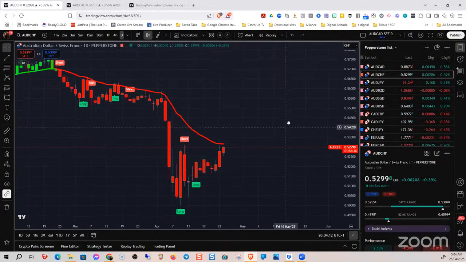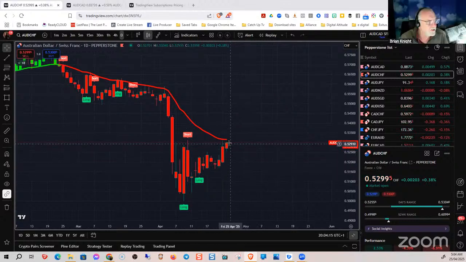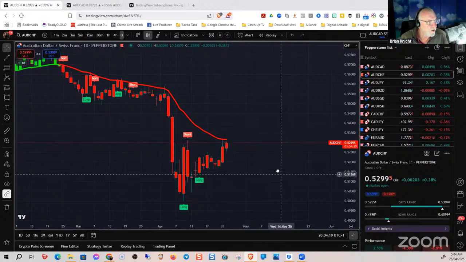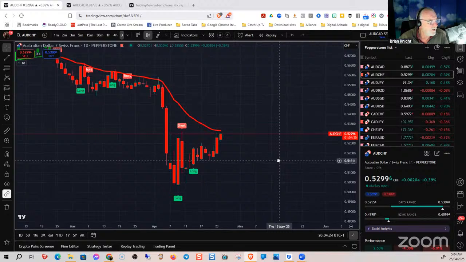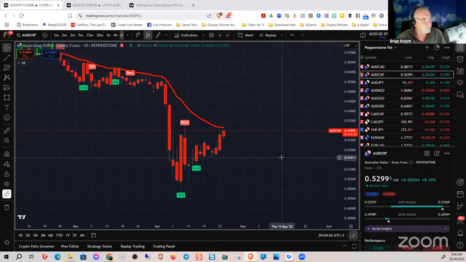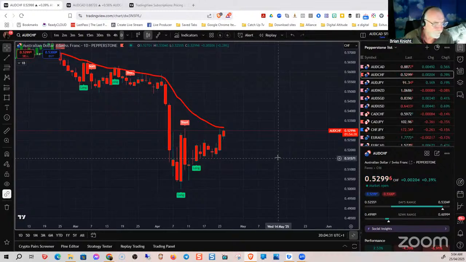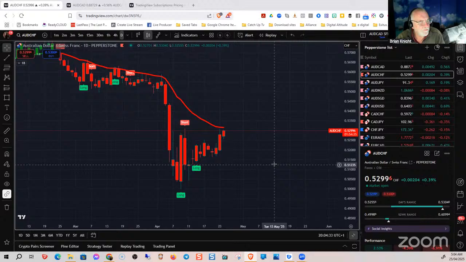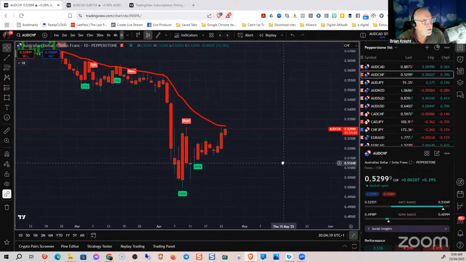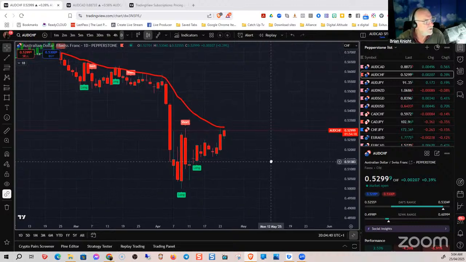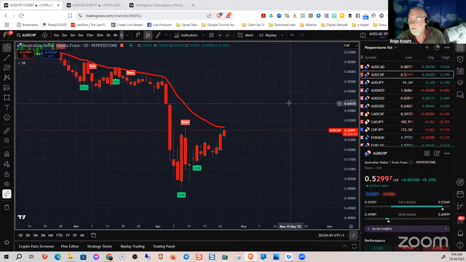AUD CHF, now that's coming back. It hasn't quite come to the trend bar, but it's close enough there. We'll see what happens. I think in the middle of May they're making a decision on the rates decision, and the 3rd of May will be election results.